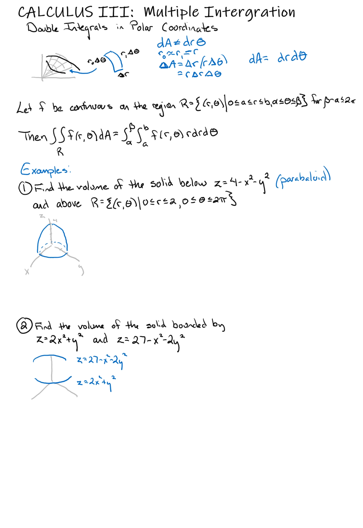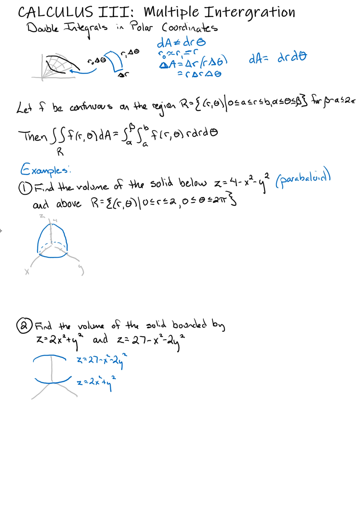I have sketched that out. Again, this is the paraboloid here. A paraboloid opening down, the top of it is up at 4 on the z-axis, but it goes all the way down to the xy plane.